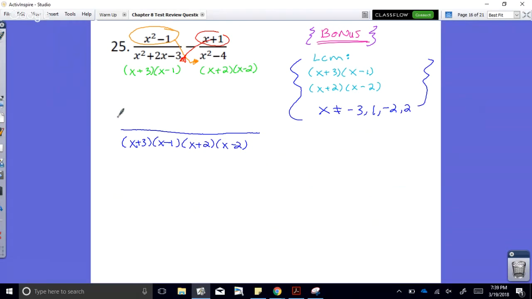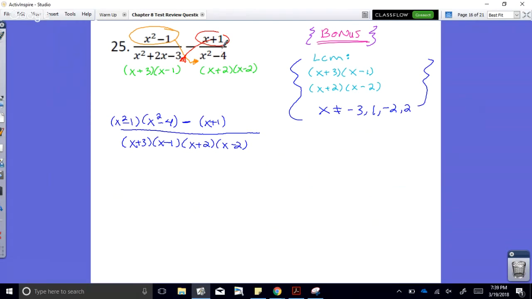Okay, I'm going to have the x squared minus 1. And to fancy one, what this is missing is this right here. So I'm going to multiply by x squared minus 4. I have my subtraction. I then have an x plus 1.